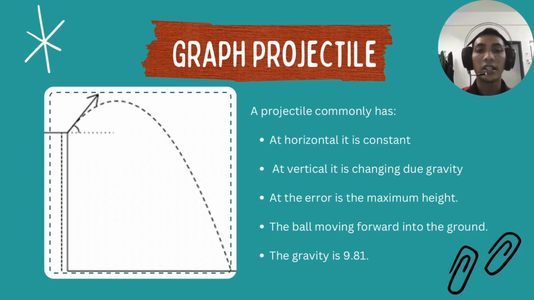For the vertical, it is changing due to gravity. If you can see at the top, it has an arrow that we assume is the maximum height. Next, the ball moves from the top to the ground. The gravity for the projectile is 9.81.